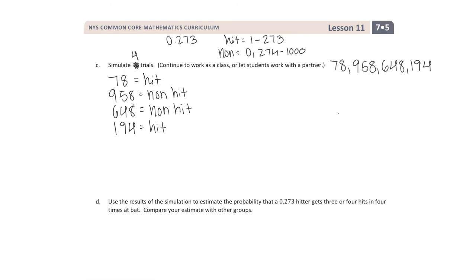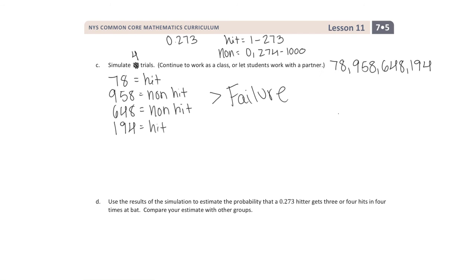So now what this shows us about the simulation is that there is a possibility that we can hit the ball the same amount of times that we maybe not hit the ball. And if we had different numbers, maybe this data would show differently. But because we have 2 non-hits and we don't have 3 or 4 hits, well, that means that this would be considered a failure.